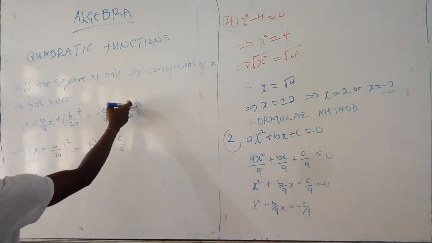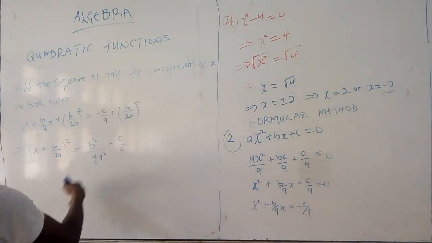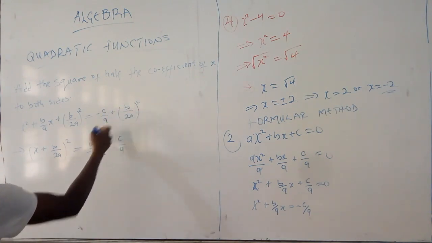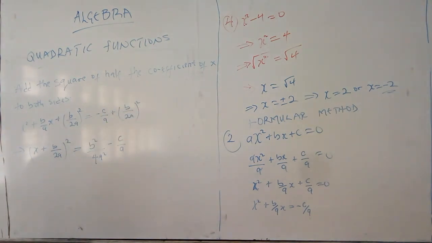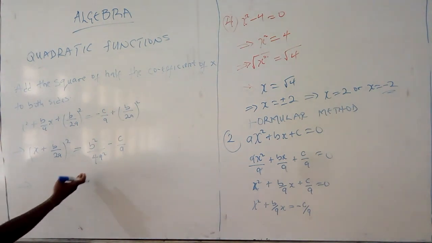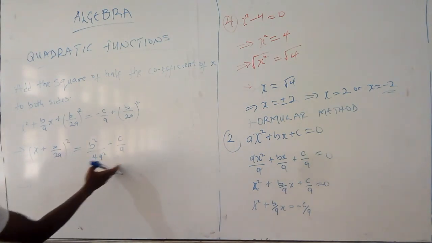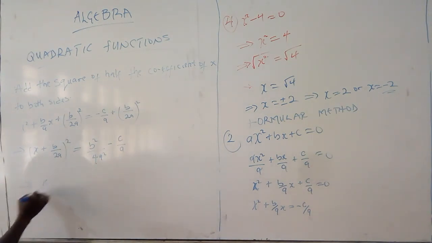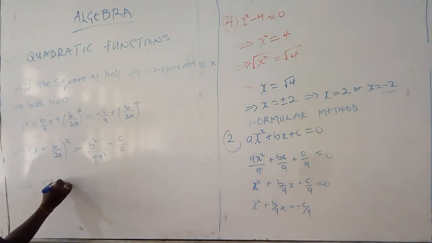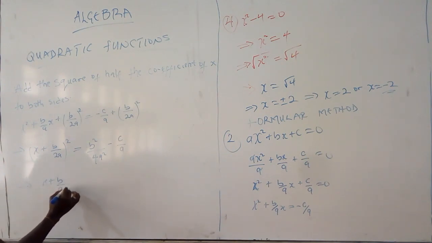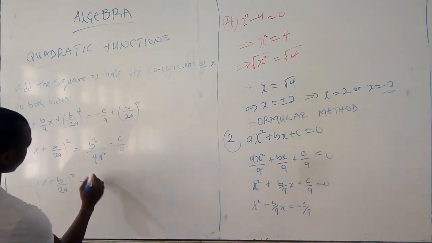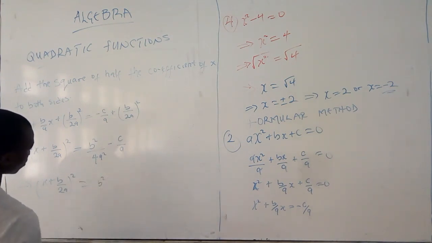That means the square of b is b square, square of 2a is 4a square. Then you take the LCM of this side, which you have x plus b all over 2a all square is equal to b square.